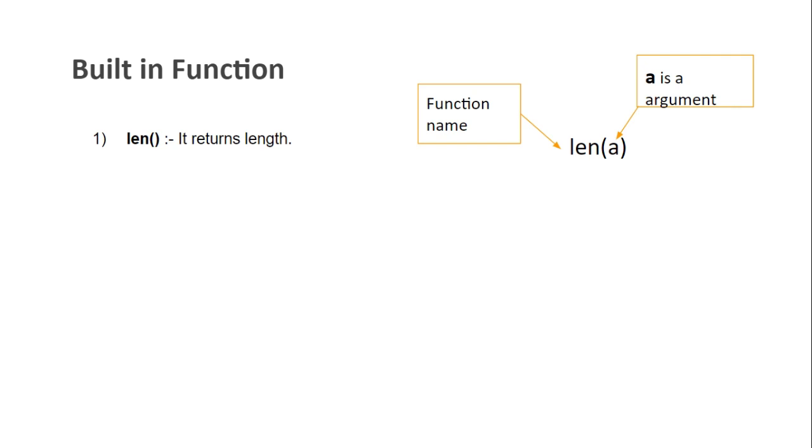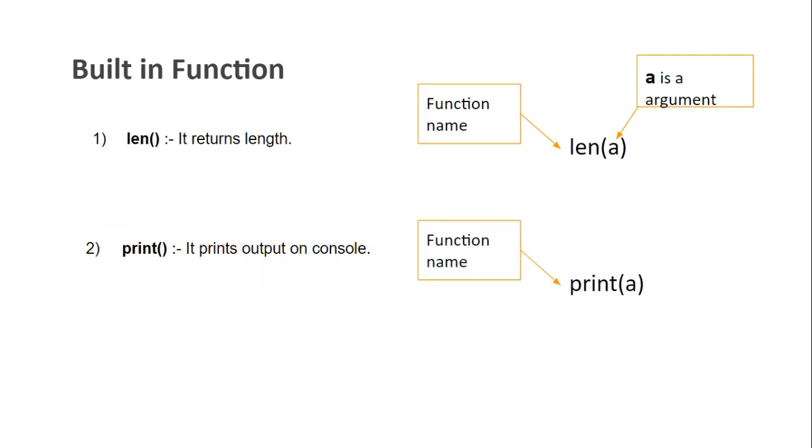So our second function is print. We have used it many times in our practicals. It is used to print output on console, or it prints its argument or its value to console. So as we can see, print is function name and a is argument for it.